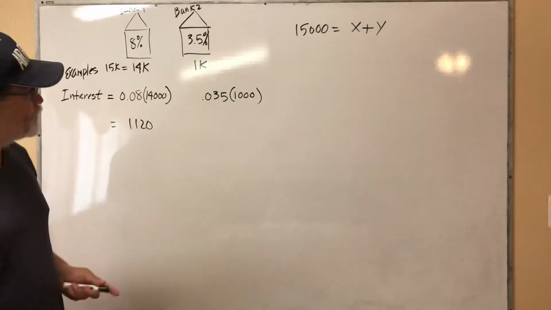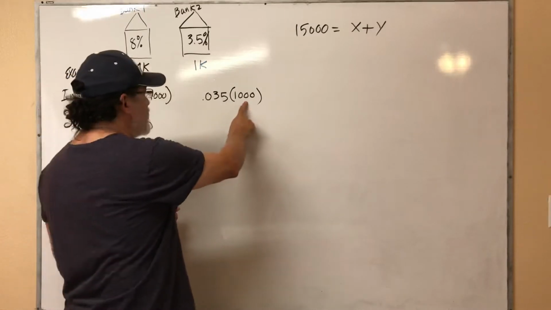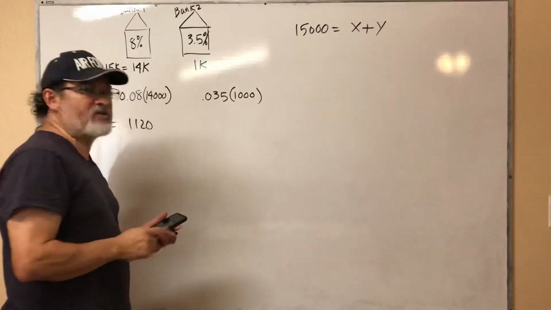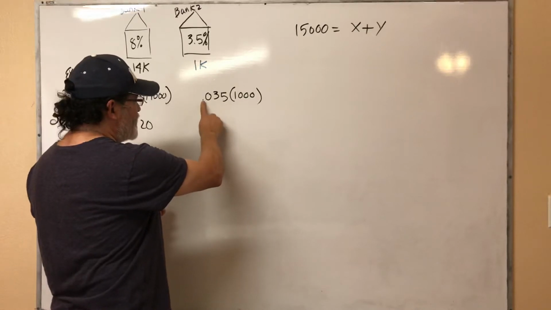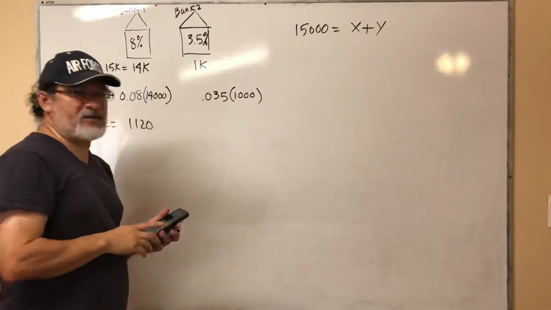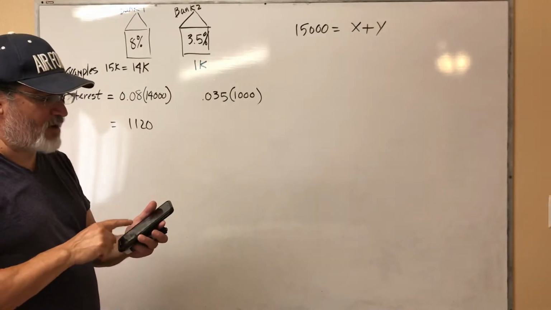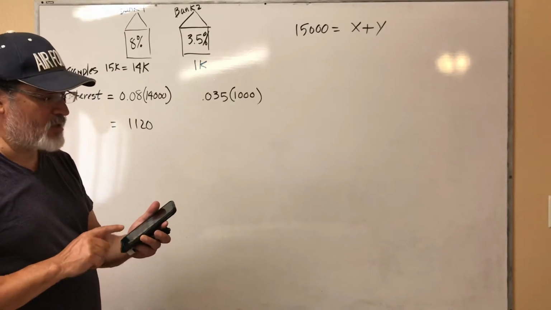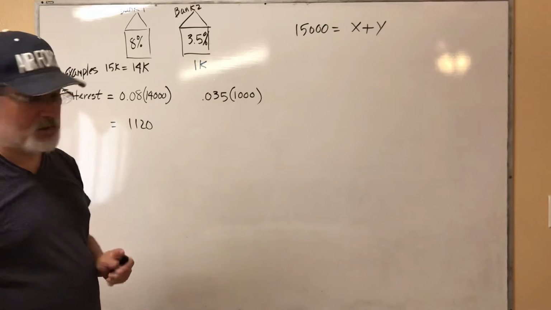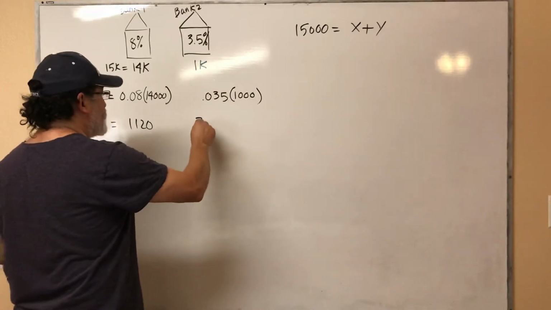Okay? What about this one right here? This is just 35 bucks, right? If you multiply this by 1,000, it's going to move the decimal once, twice, 3 times. Just multiply 0.035 times 1,000, and you're gonna get 35 bucks. So in bank 2, $35.